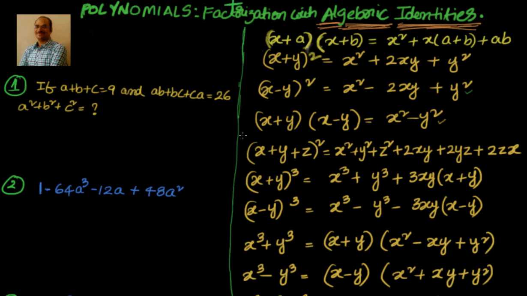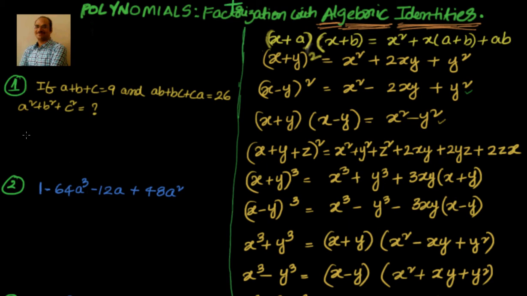If you see here, there is only one formula which fits into this, where you have (x plus y plus z) whole square equal to x square plus y square plus z square plus 2xy plus 2yz plus 2zx. This is what we have to find out, and what has been given to us is not 2xy, 2yz, 2zx separately, but if I take 2 common out, I have the remaining value.